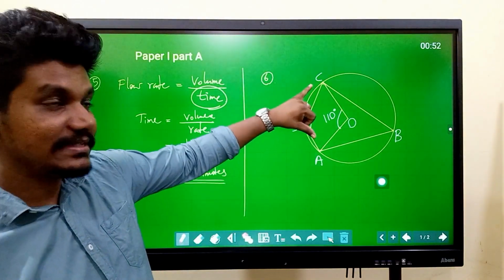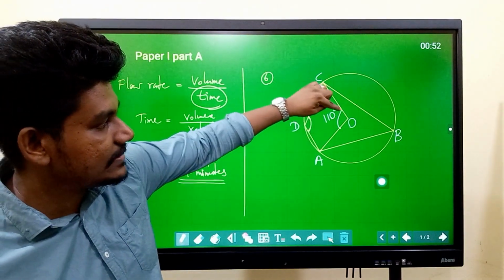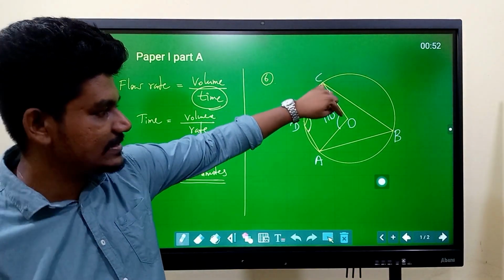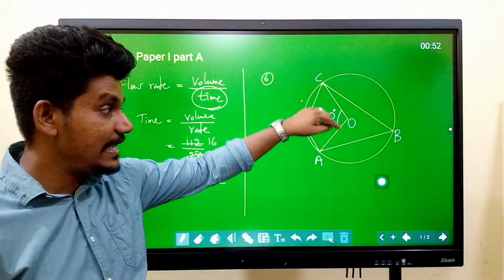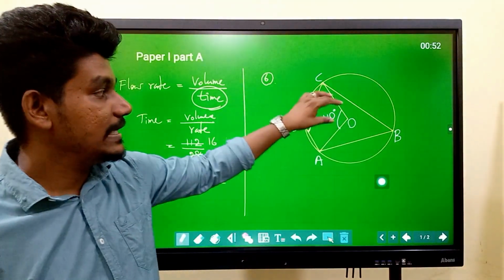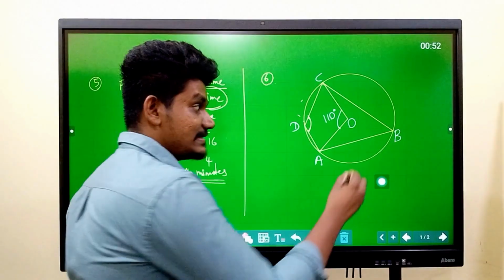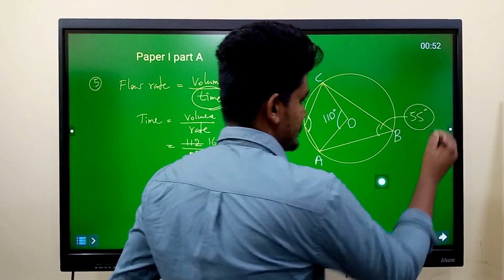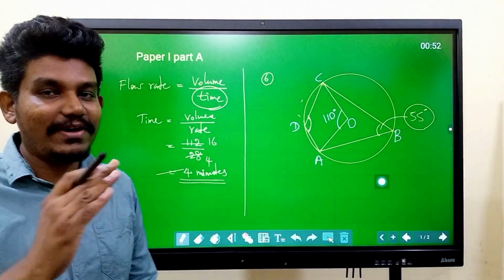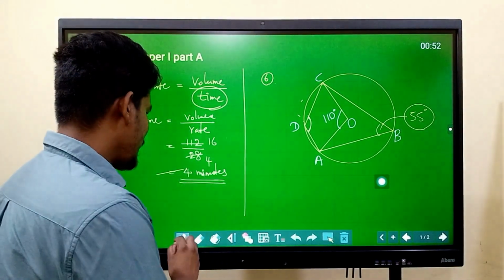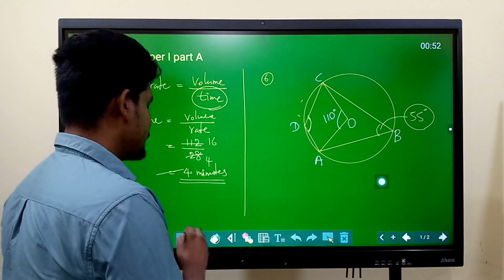We have the theorem: the angle subtended at the center, O being the center, is twice the angle subtended on the circle. So if this is 110 degrees, this should be half of it, 55 degrees. After finding that magnitude, you can determine this value.